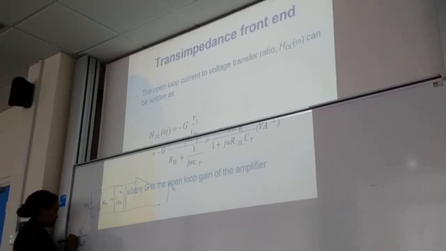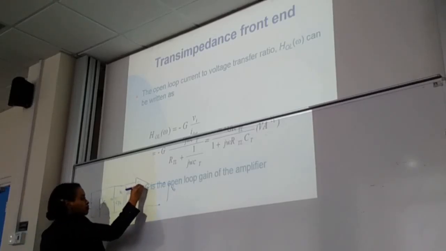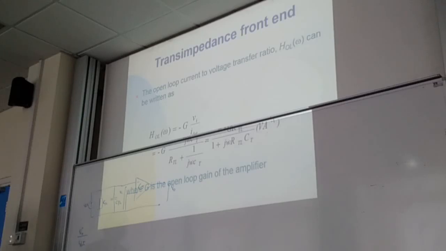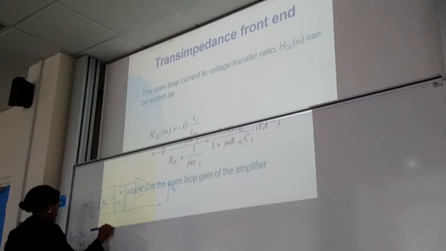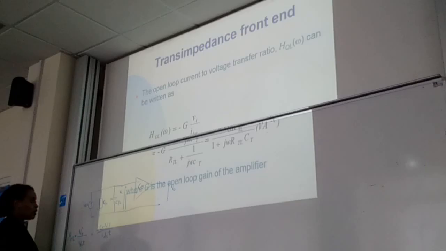And we know that V out again is G times Vn, where the open loop gain is G. Vn is what?